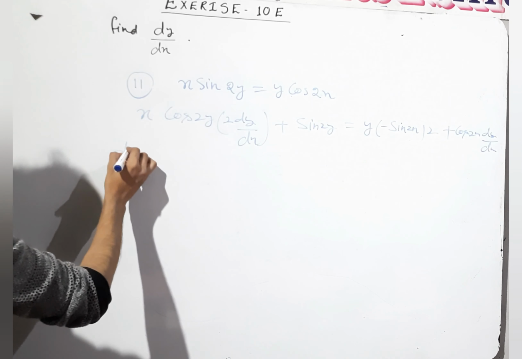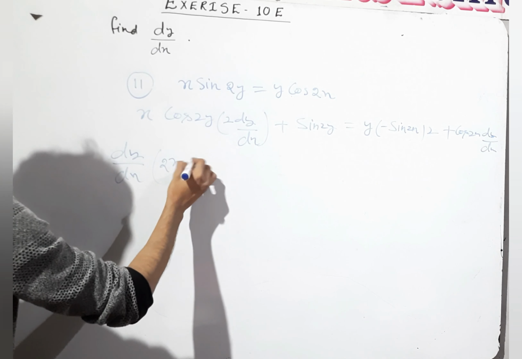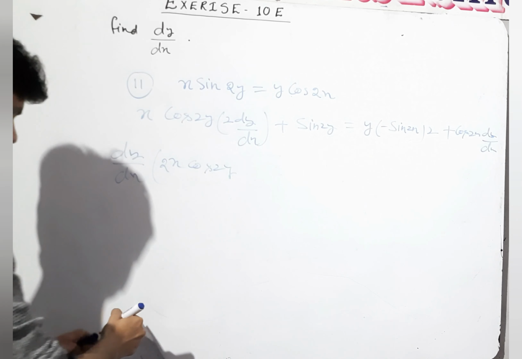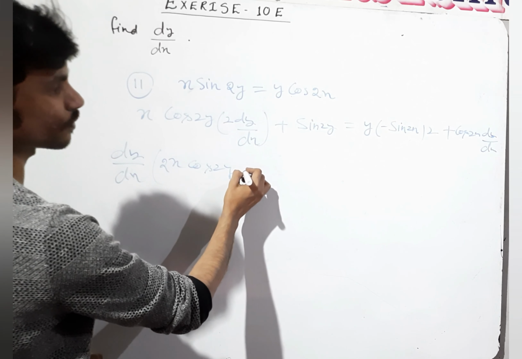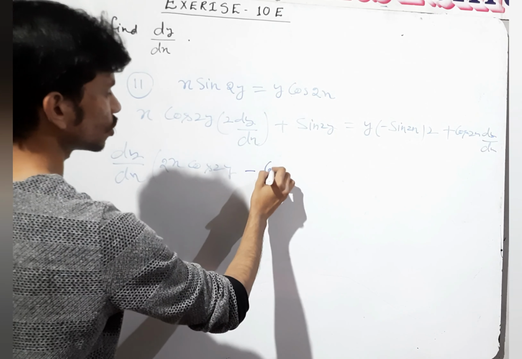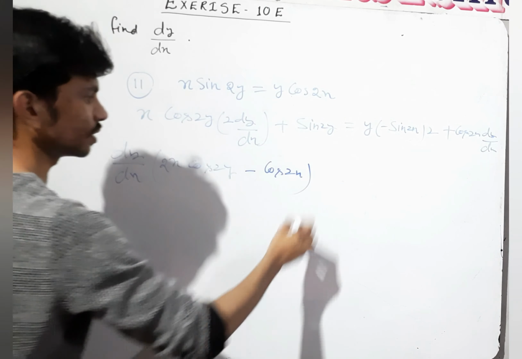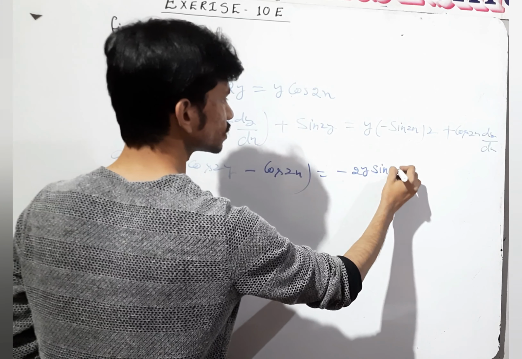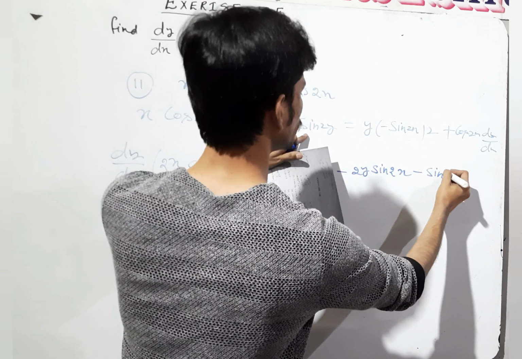After taking common dy over dx, we get 2x cos 2y minus cos 2x equal this term, this is minus 2 times of y sine 2x and minus this sine 2y.